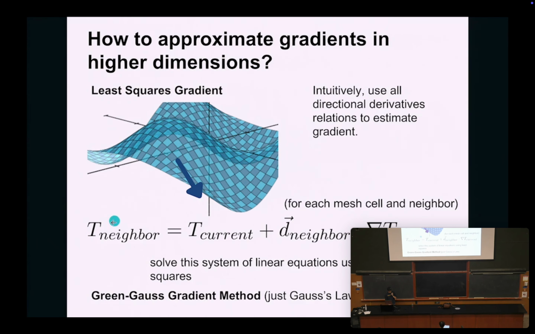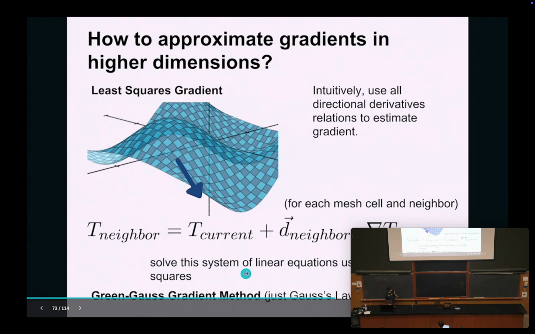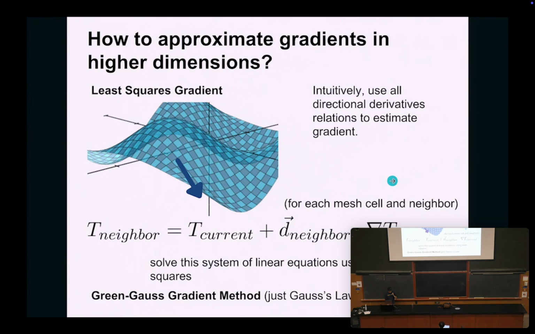Everything is known here except for the gradient, so we could just solve for that. It's just a linear system of equations. It's what we've studied for a long time, and computers are good at it. There's also the Green-Gauss gradient method. This is a version of Gauss's law, but I didn't put anything for it, so whatever.